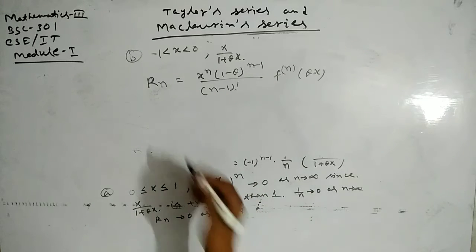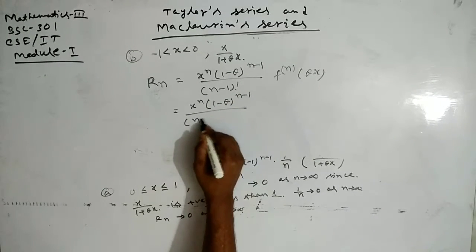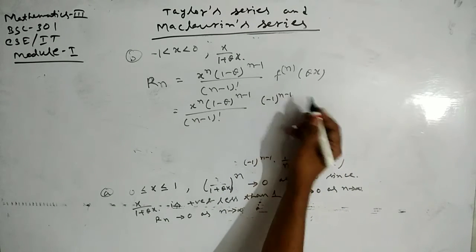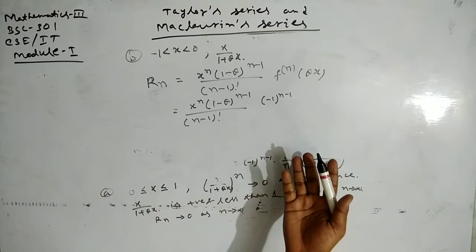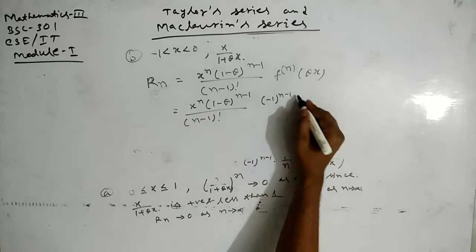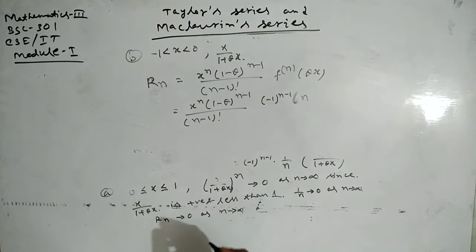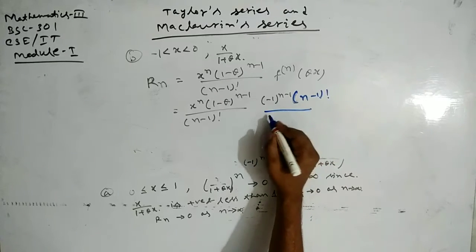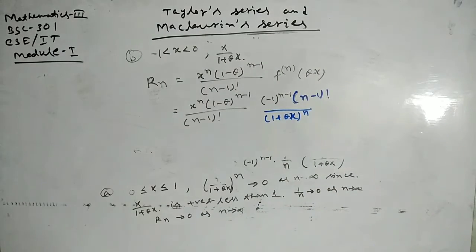So this will be equal to x to the power n into (1 minus theta) whole to the power n minus 1 by n minus 1 factorial, and Fn of theta x will be (-1) to the power n minus 1, as I have already found the value of the nth order derivative of fx. So Fn of theta x will be (-1) to the power n minus 1 into n minus 1 factorial by (1 plus theta x) whole to the power n.